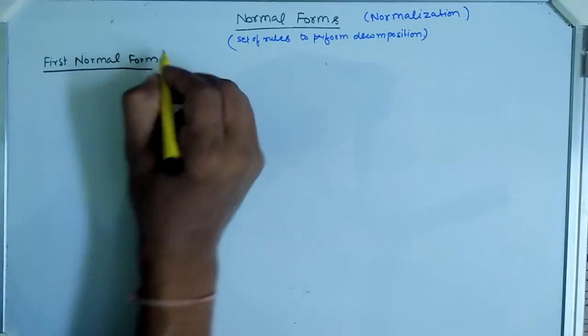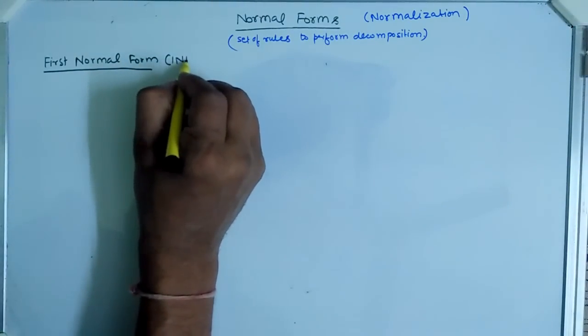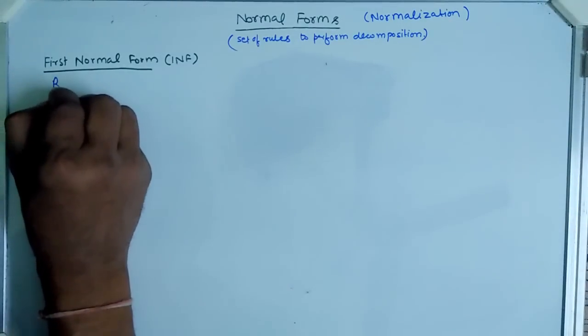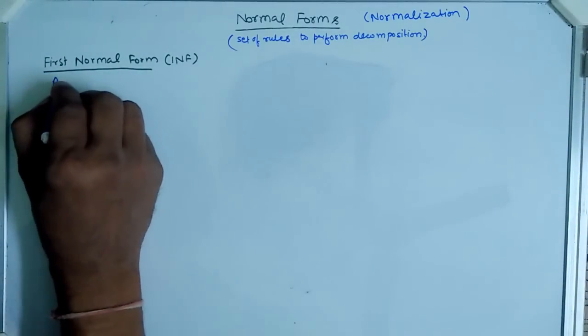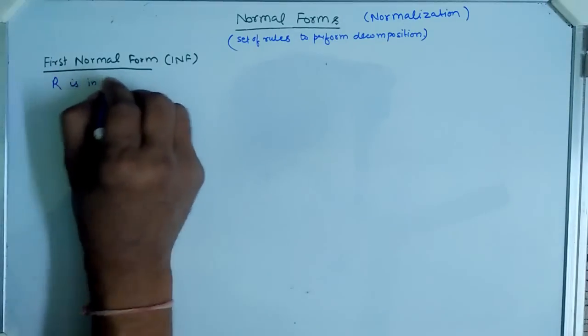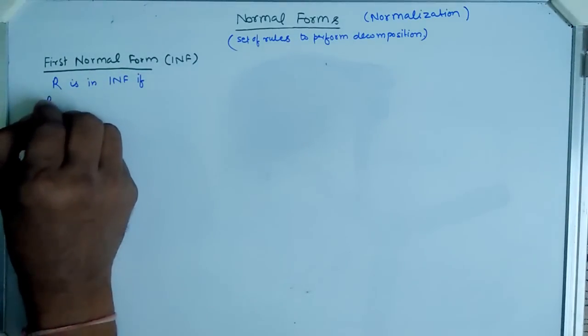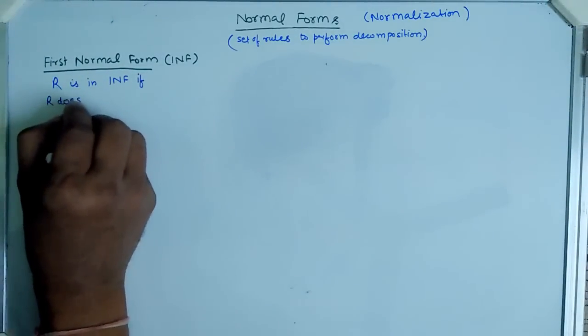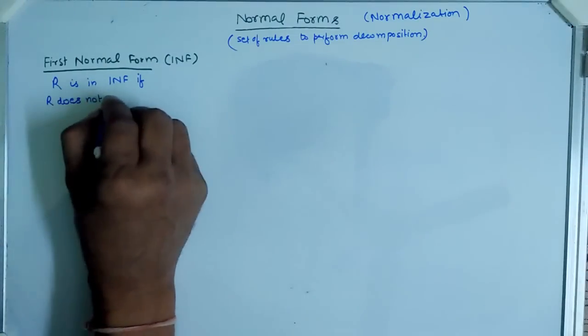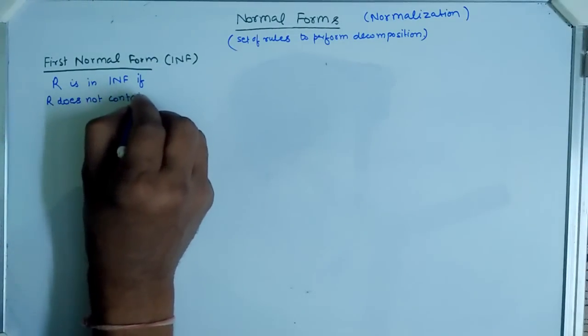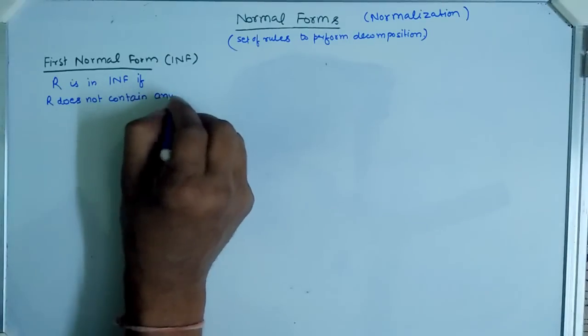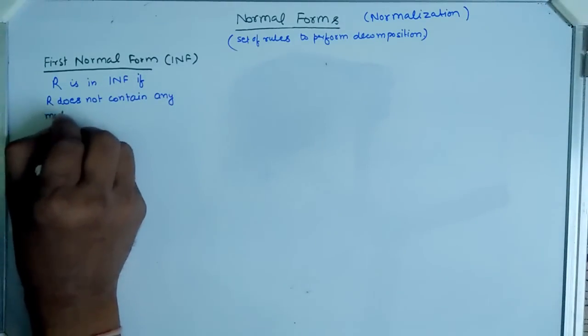The first normal form, or we can write it as 1NF, says that a relational schema R is in first normal form if R does not contain any multi-valued attribute.